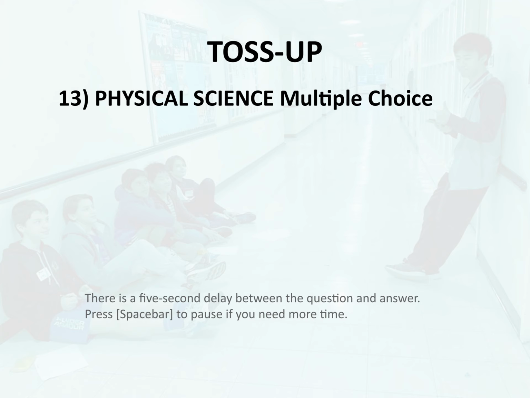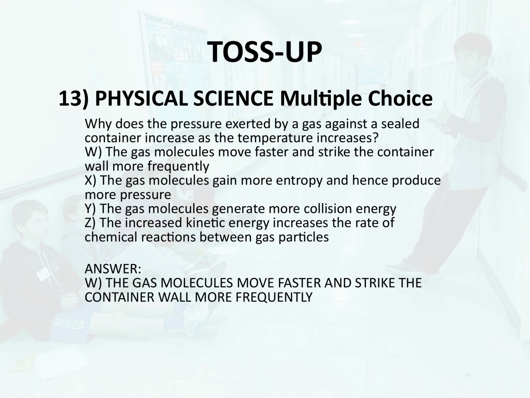Y. The gas molecules generate more collision energy. Z. The increased kinetic energy increases the rate of chemical reactions between gas particles. Answer. W. The gas molecules move faster and strike the container wall more frequently.